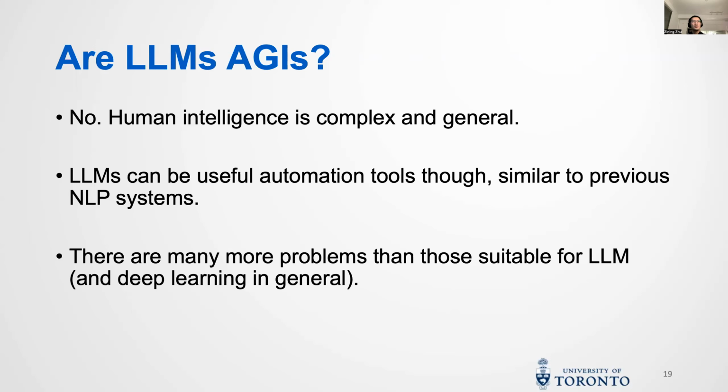And whether large language model-based systems are the most useful tools is itself subject to debate. Engineers need to properly choose the correct model and the correct natural language processing system depending on the scenarios. But large language models themselves are not the answer to everything yet. There are many more problems and scenarios than those that are suitable for large language models and deep learning in general.